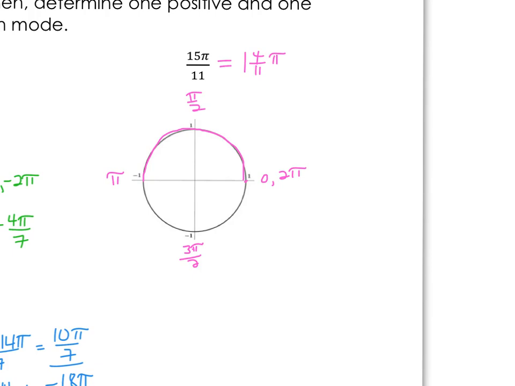And 4 over 11 is definitely less than half, which means 1 and 4/11 is definitely less than 1.5. But it's closer to 1.5 than it is to 1. That means as we kind of approximate our location, maybe we'll stop right there. And our angle measure goes all the way around to that location. That's our theta, which means our radian to go along with that is 15 pi over 11.